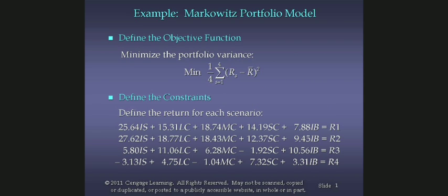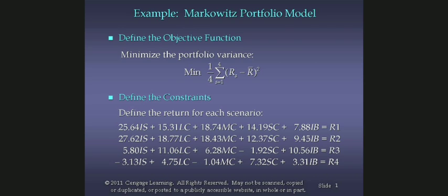In our notation, the objective function is to minimize 1/4 times the summation over 4 scenarios, where S is equal to 1, of R sub S minus the mean of R, to the power of 2. The objective for the Markowitz model is to minimize portfolio variance.